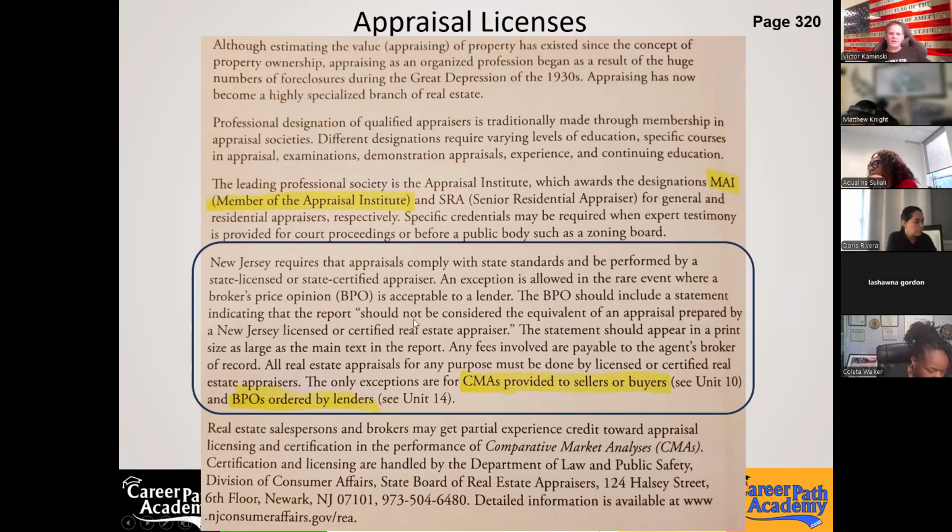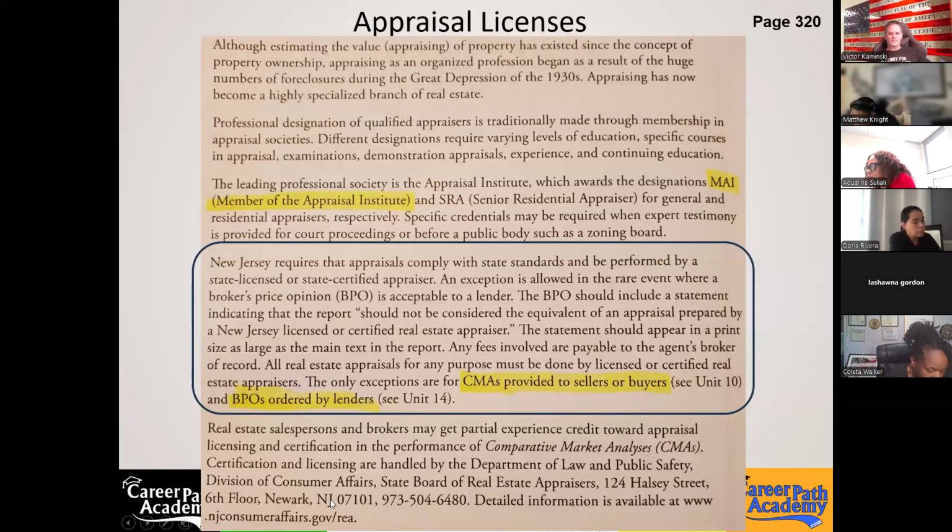But we should write on there that it should not be considered the equivalent of an appraisal prepared by a New Jersey licensed or certified real estate appraiser. The statement should appear in a print size as large as the main text on the report, and any fees involved are payable directly to the agent's broker of record, and we get paid through our broker. All right.